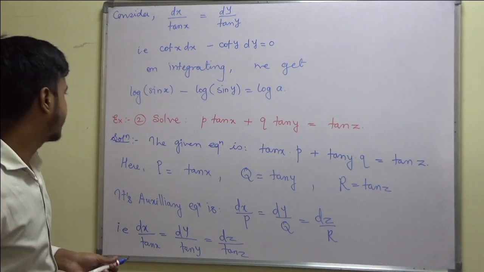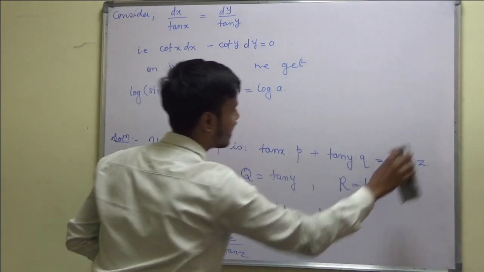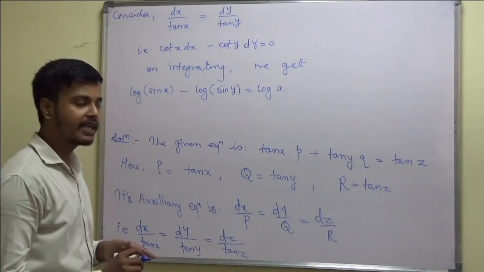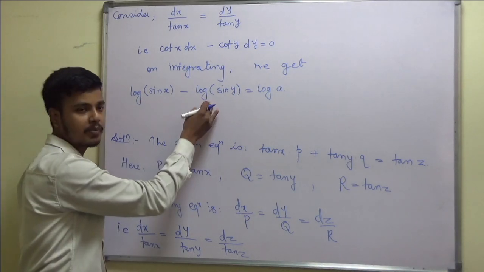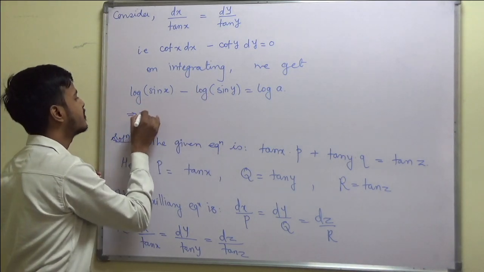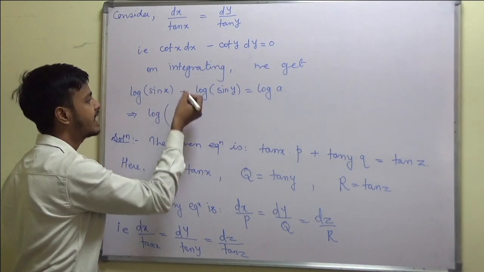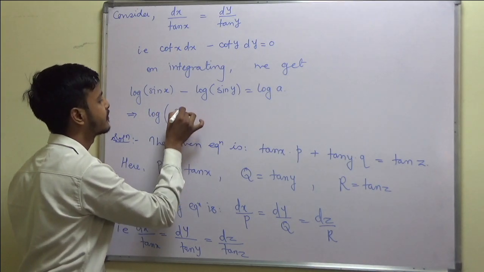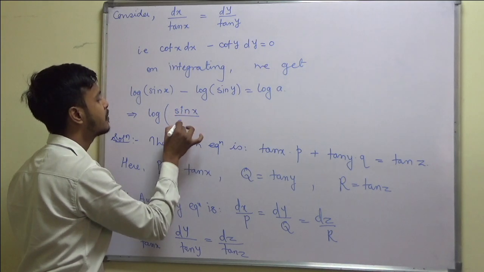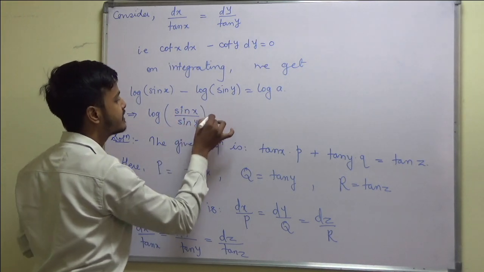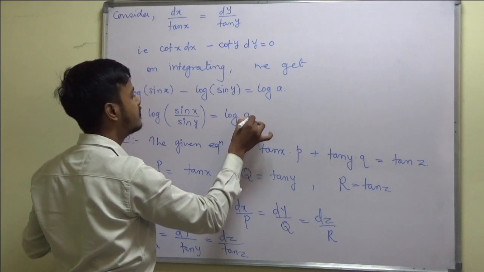Now you can apply the properties of logarithm. What is log a minus log b? That is log of a by b. So I'll be writing log of sin x upon sin y is equal to log a.